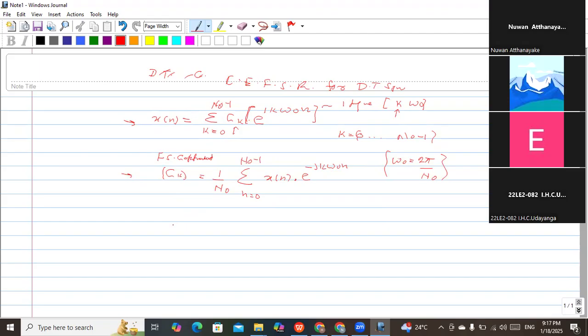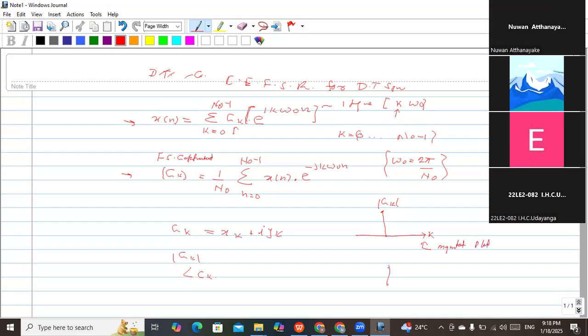And also we have discussed that this c k will be a complex number. Okay, it will be a complex number. So there is a magnitude as well as a phase related to this complex number. Okay, so if you plot the magnitude with respect to k, this is referred to as the magnitude plot.